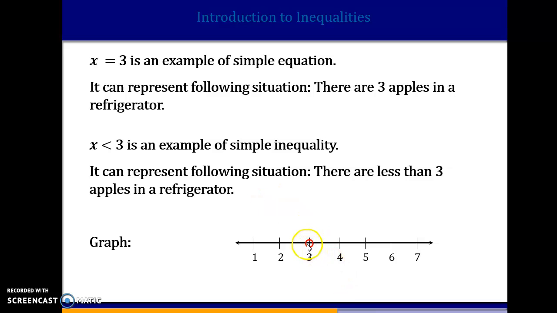Now this open dot is on 3 because 3 is my limit. I know I have less than that, and 3 is not possible. That's why I have this open dot. This is called an open dot. And then what are the possible numbers? 2, 1, 0. So then we have an arrow pointing to the numbers that are possible solutions. And now we have a visual representation of that inequality.